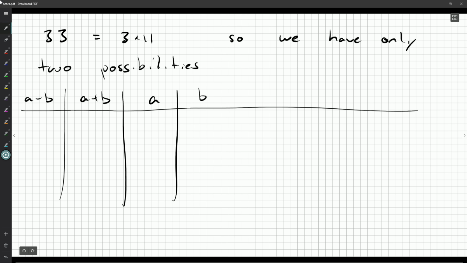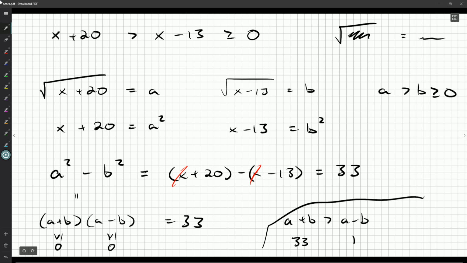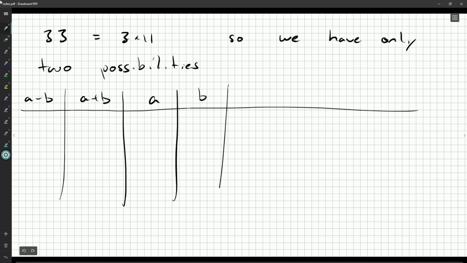If I know a and b, well, I know x plus 20 should be a squared, or x minus 13 should be b squared. So we should be able to work out x from there. We'll do a squared, and then x, which should just be whatever's in this column minus 20.